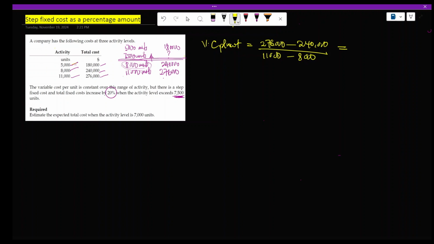Okay, so the variable cost per unit is going to give us 12 US dollars.